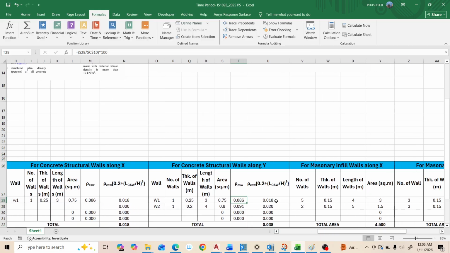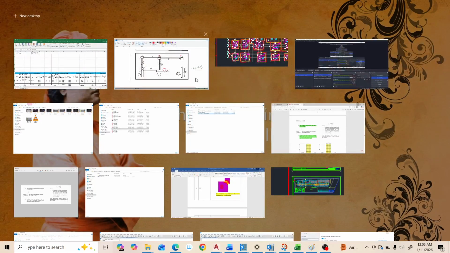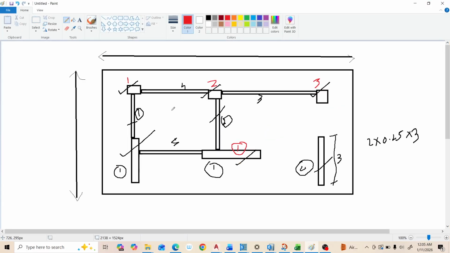How many infill walls do I have here? Suppose I have in x direction three infill walls, and one, two along y direction.